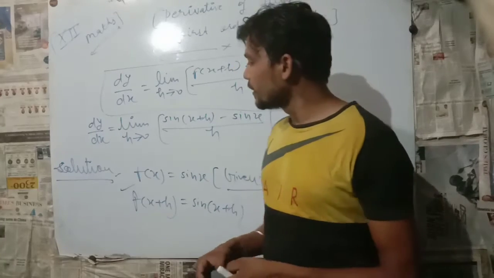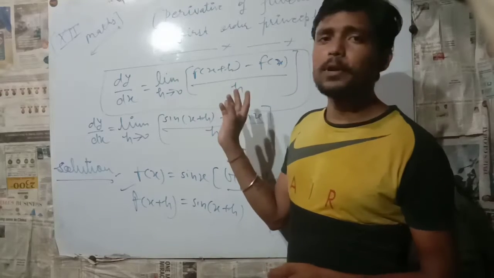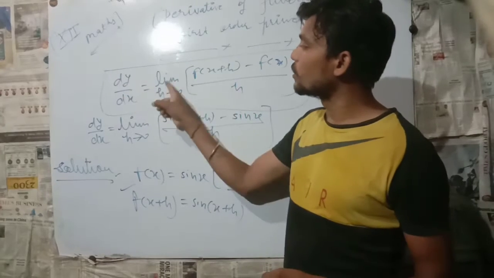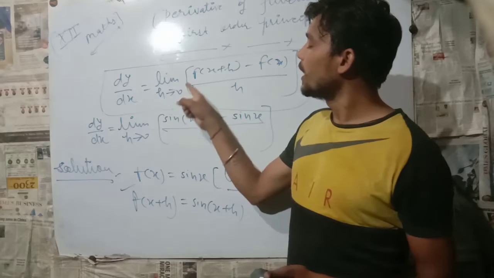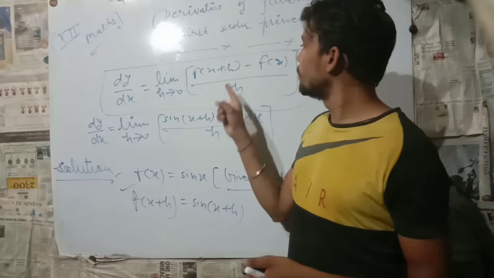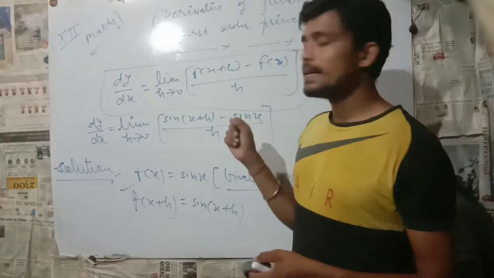Because this formula is very important. dy upon dx is equal to limit h tends to 0 of f of x plus h minus f of x over h.